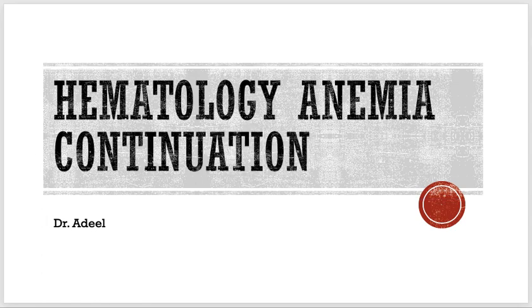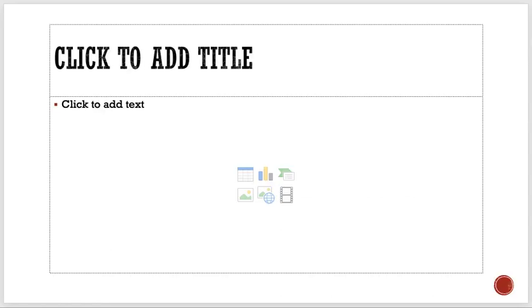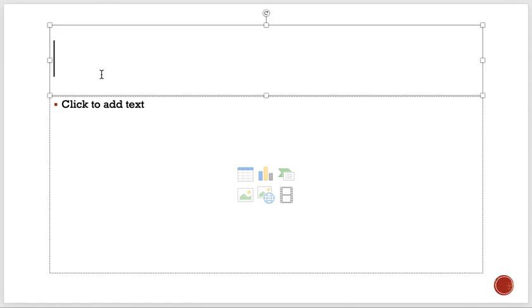Okay, what's going on. In the last lecture, our last discussion was about iron deficiency anemia, right? Because we are studying diagnostics, I'm giving you more of how to approach things and how to interpret them.